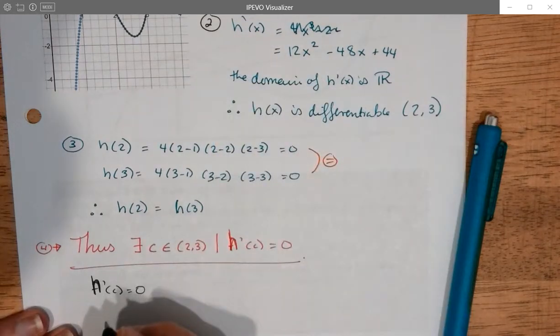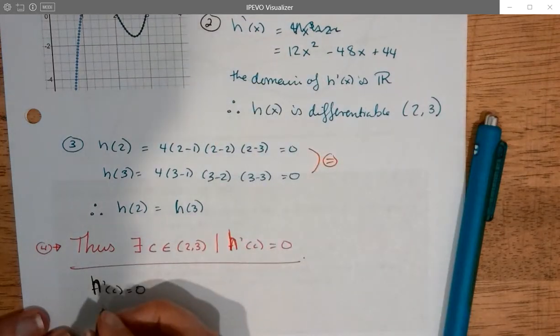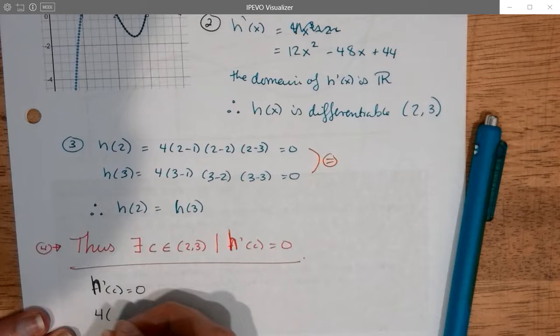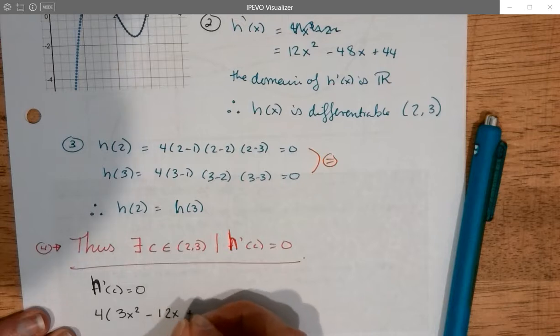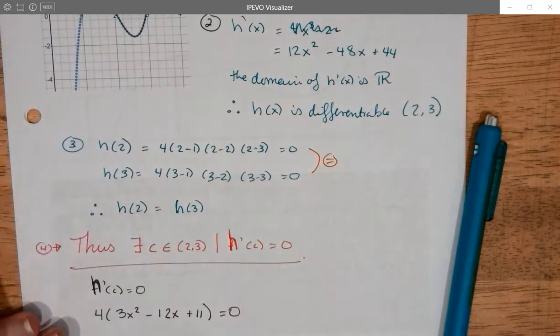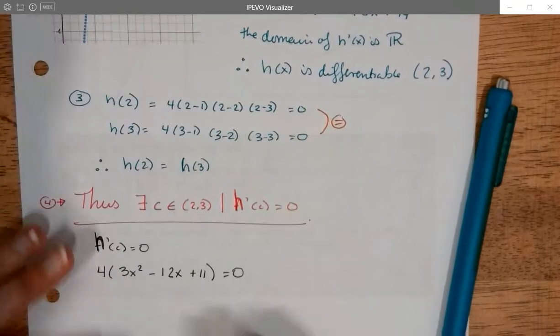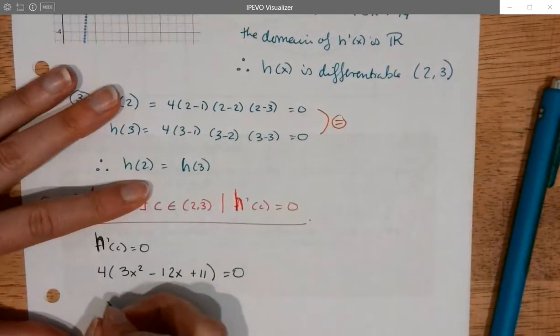Setting equal to 0, let's factor out 4. So I have 4 times 3x squared minus 12x plus 11 equals 0. That doesn't look factorable, so quadratic formula.